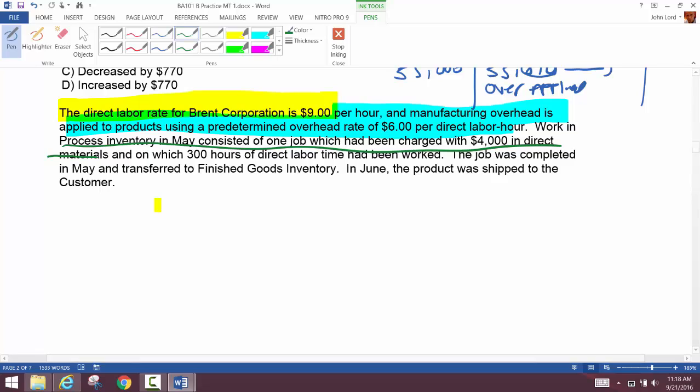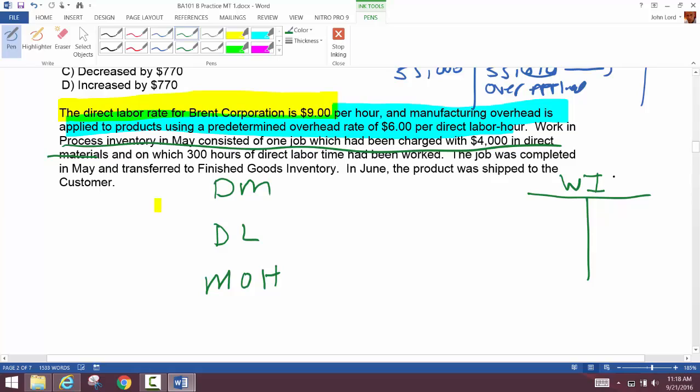So can I figure out my manufacturing costs? What are my manufacturing costs? My direct materials, my direct labor, my manufacturing overhead are all going to go to my work in process as my manufacturing cost, right? Okay, so how about direct material?